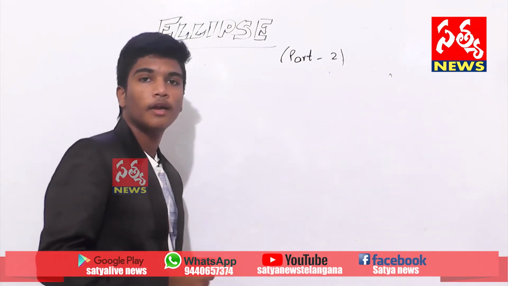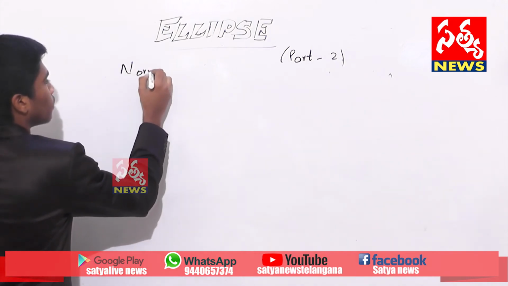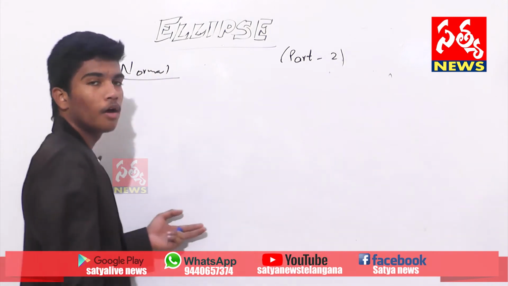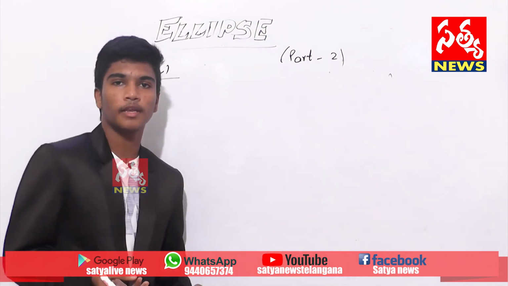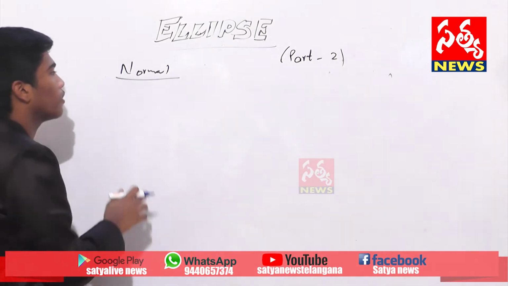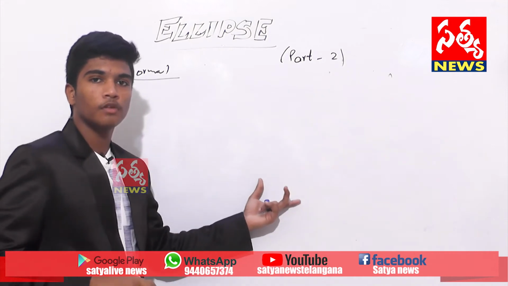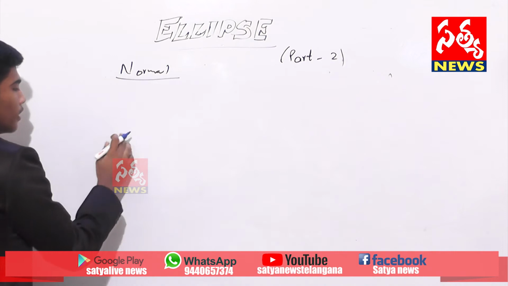And next comes the normal. We have derived the normal for every curve such as the circle and parabola. Here also I am going to derive each and every formula, such as point form, slope form, etc., for the ellipse.